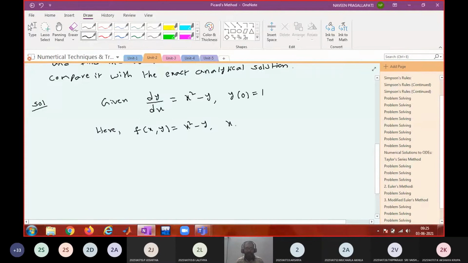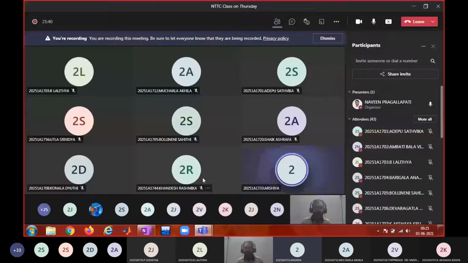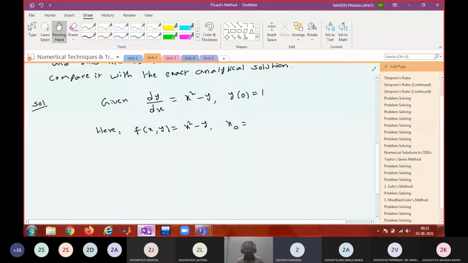And what is x naught? We compare this with y of x naught equal to y naught. So x naught equal to 0 and y naught is equal to 1. Now apply Picard's method.